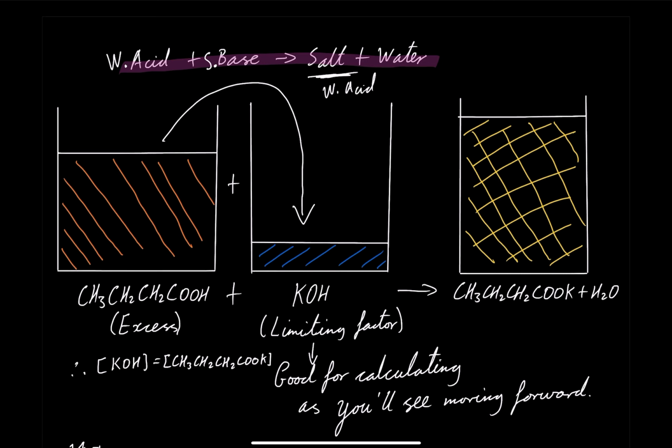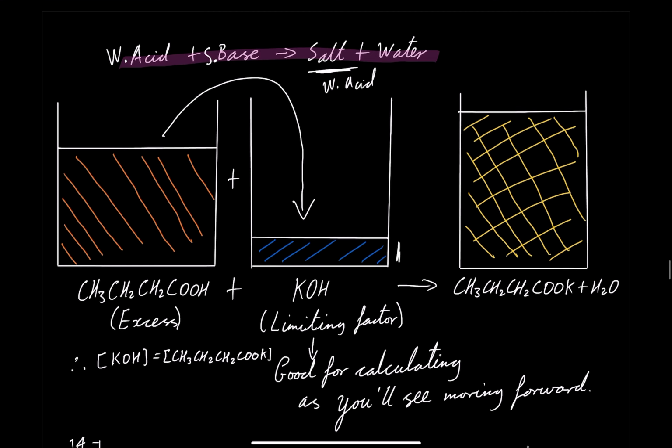It's very, very strong in neutralizing acid, especially a weak acid. So if I reacted an excess of weak acid, this butanoic acid, with this strong base of potassium hydroxide, we know that the potassium hydroxide is not in excess. We have a measured volume of potassium hydroxide, and we probably know the concentration as well.